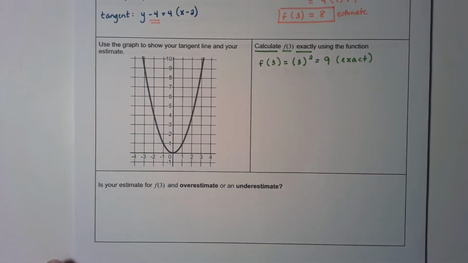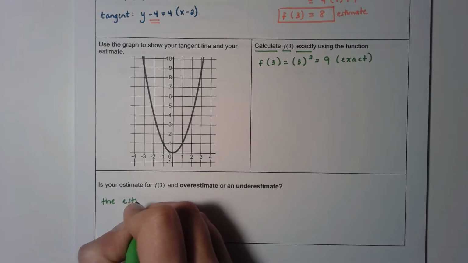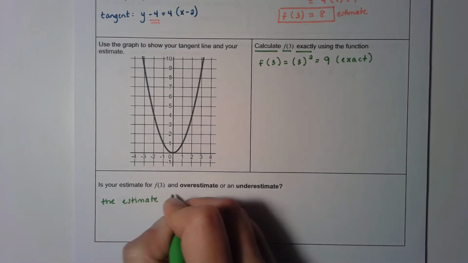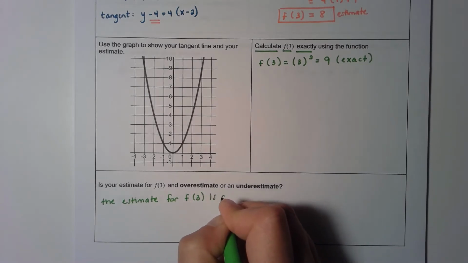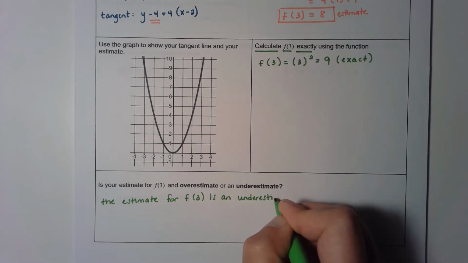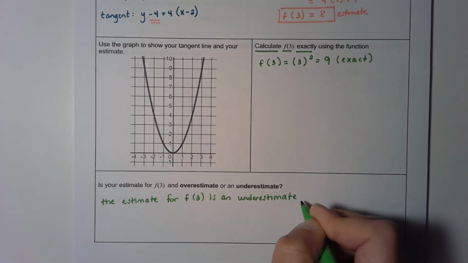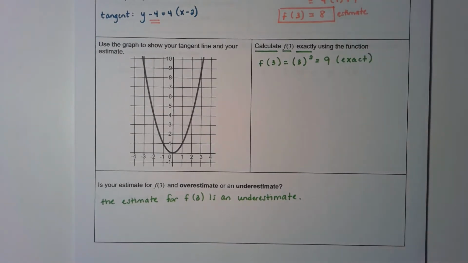Our estimate for f of 3 is an underestimate because the 8, which is our estimate, is less than what we happen to know is the exact value, which is 9.